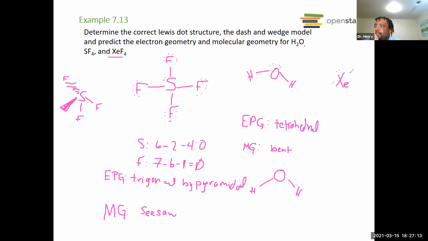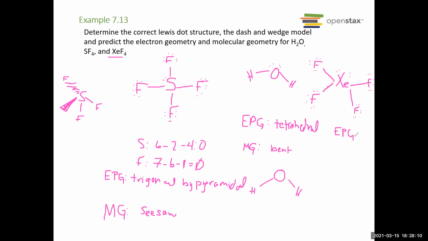We know that it has 8 valence electrons. So the EPG is octahedral.